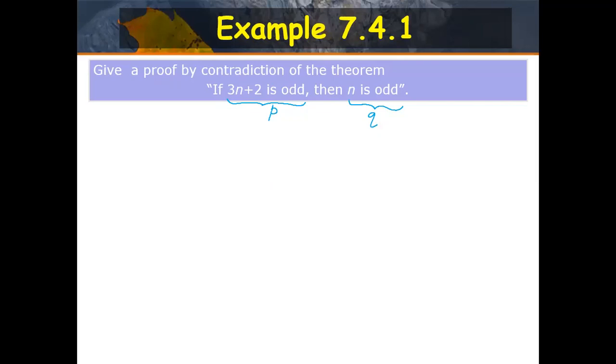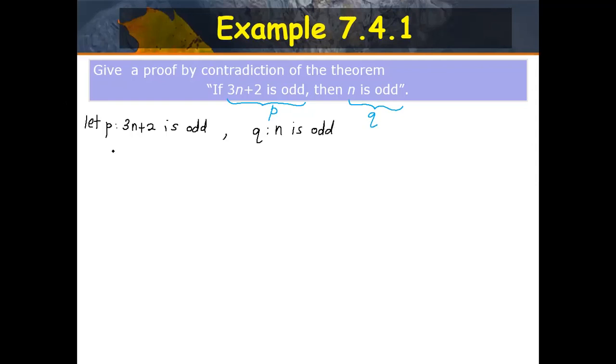Okay, so let P be 3n plus 2 is odd, salin balik lah, and then we also have Q, which is n is odd.